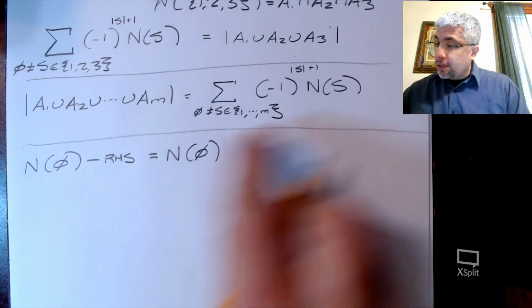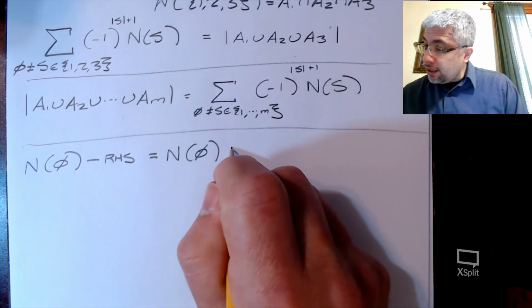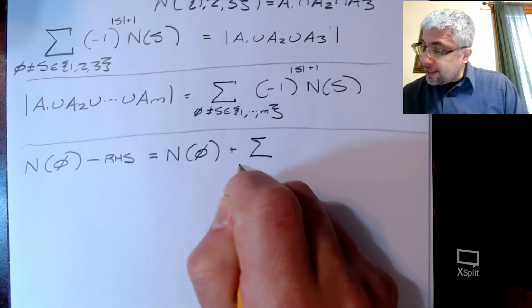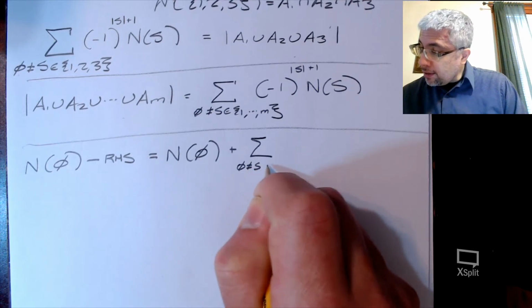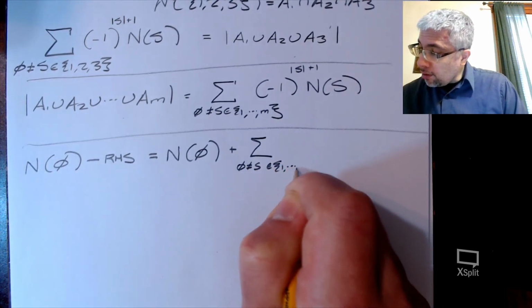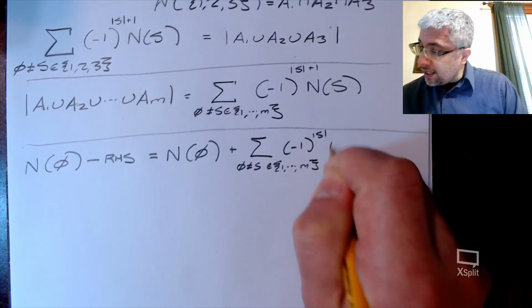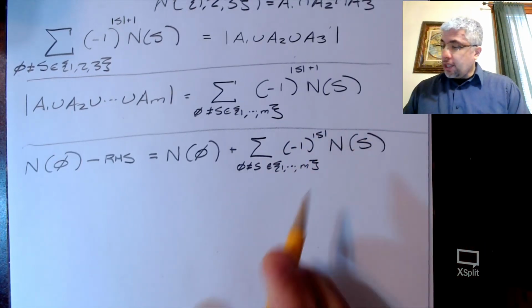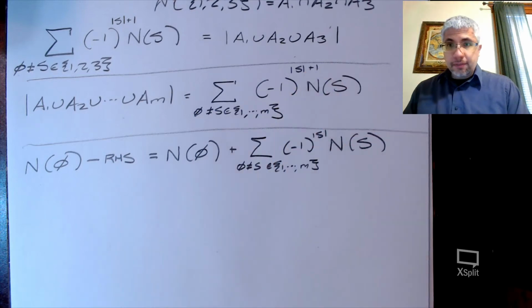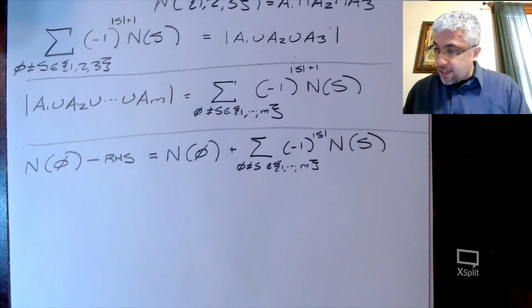And I'm going to multiply all of this by negative 1 and add it. So basically, I get this. So I could just make this minus 1 to the size of S, because minus 1 to the size of S plus 2 is the same as minus 1 to the size of S.